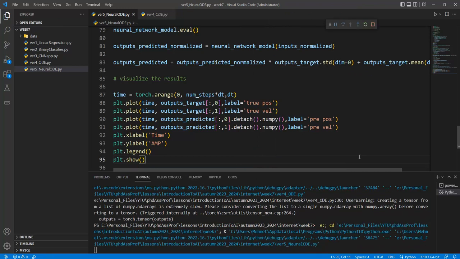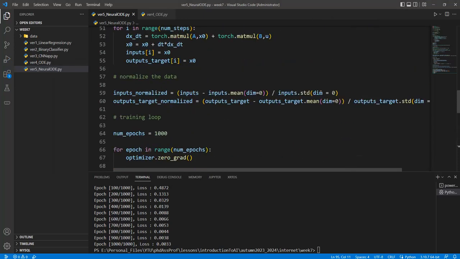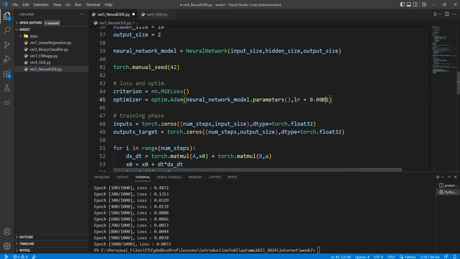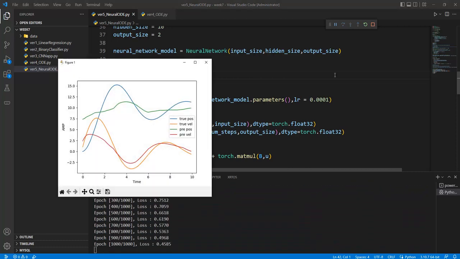Okay, if I run this code, see that? Or we can change the learning rate in here like this one. We have the less accurate model outputs.